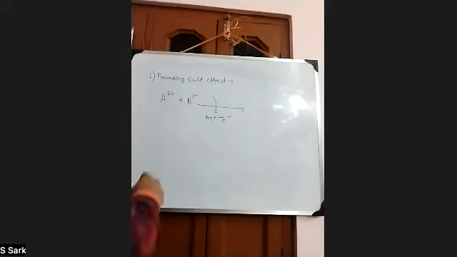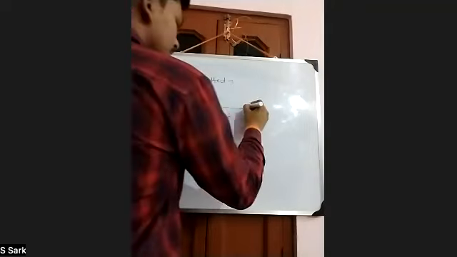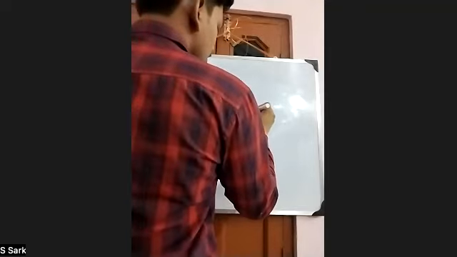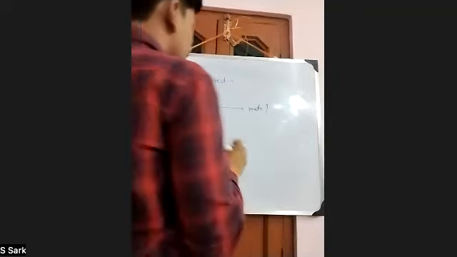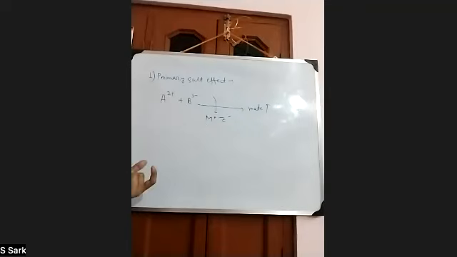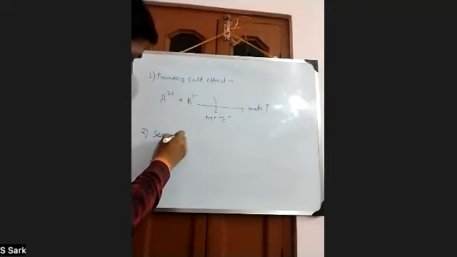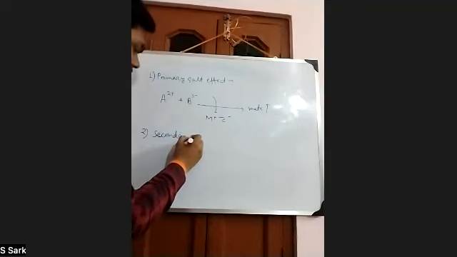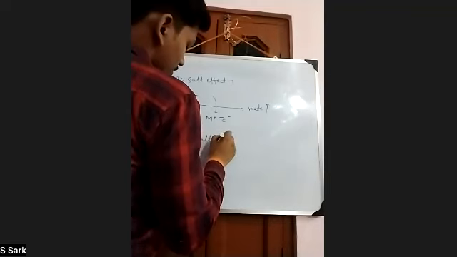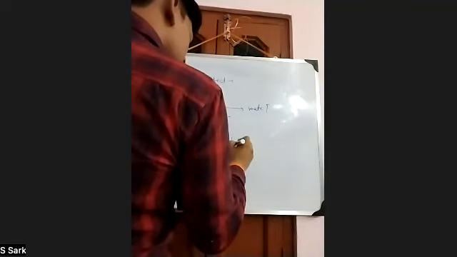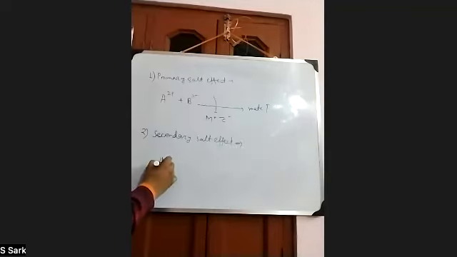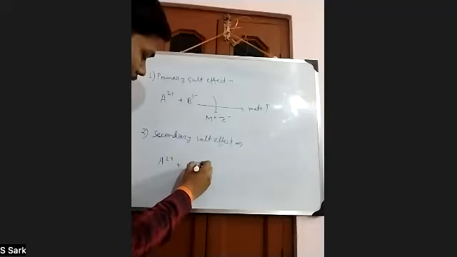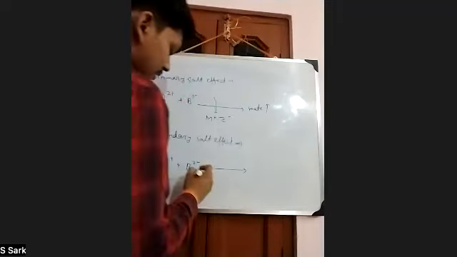So if the rate of the reaction is increased by adding the inert electrolyte, which directly affects the rate of the reaction, then it is called the primary salt effect. On the other hand, what is the secondary salt effect? In case of the secondary salt effect, let's say A2+ and B3- are reacting together, and OH- is the catalyst in this reaction.